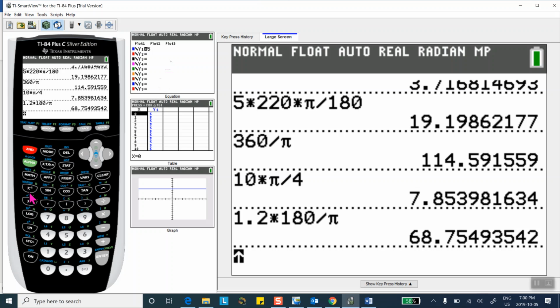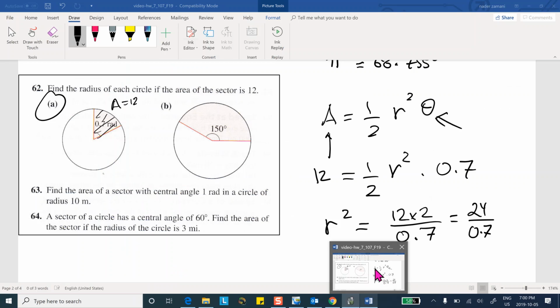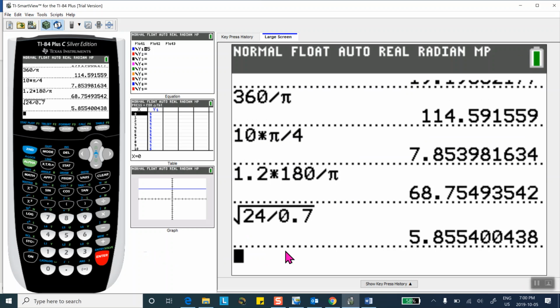Right there, second function, square root, and then parentheses. If there's any chance of making a mistake, you put parentheses there. So this is 24 divided by 0.7. It's under the radical, so there's no chance of making a mistake there. That's easy. And hit enter.